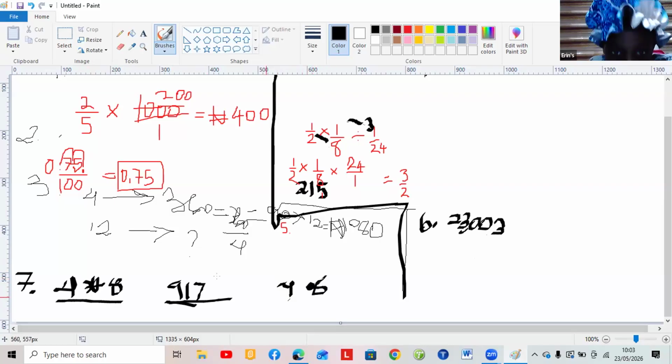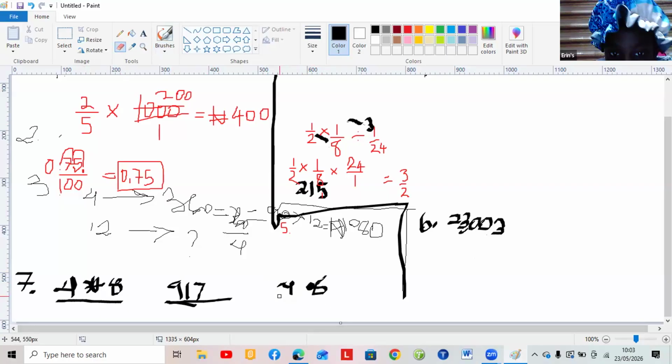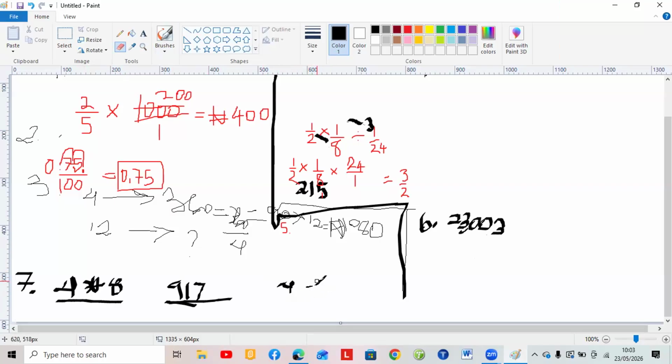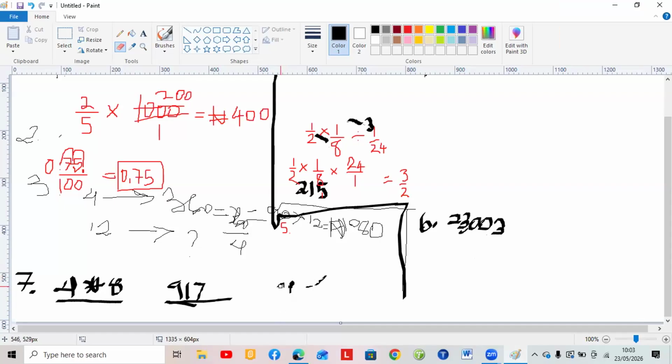Yes, so is it addition? I don't know. No, check the sign now. Look at the question. The question will tell you the sign between them. Faith, can you do me a favor?